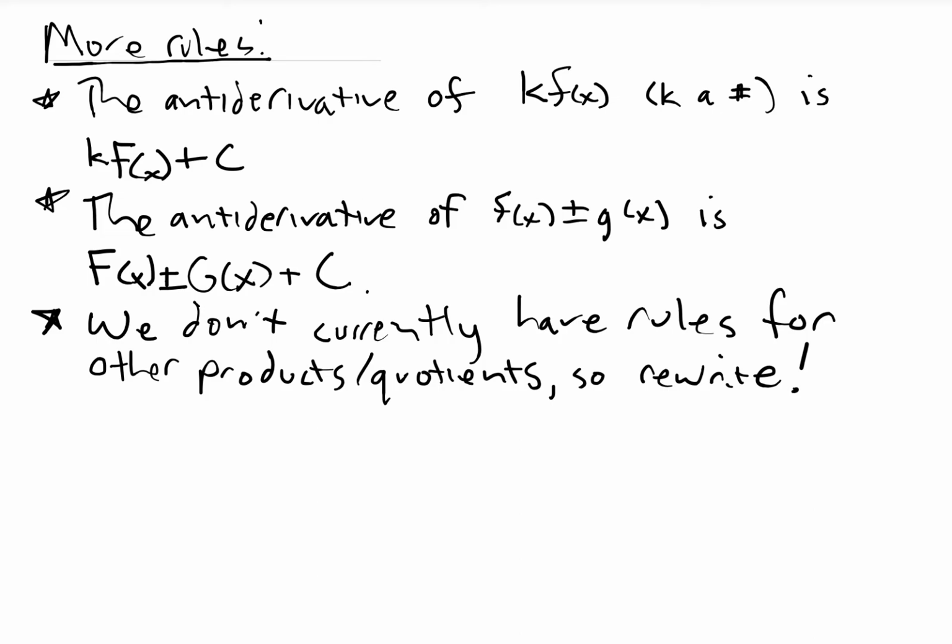First off, for the antiderivative of a function that has a coefficient, just hang on to the coefficient and antiderive the function, right? It's kind of the same idea as the derivative constant multiple rule. Whenever we derive, we hang on to the constant coefficient. So it should work the same in the other direction.